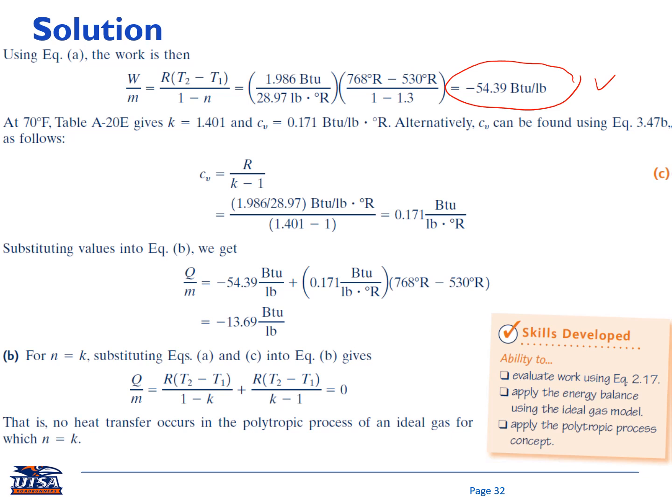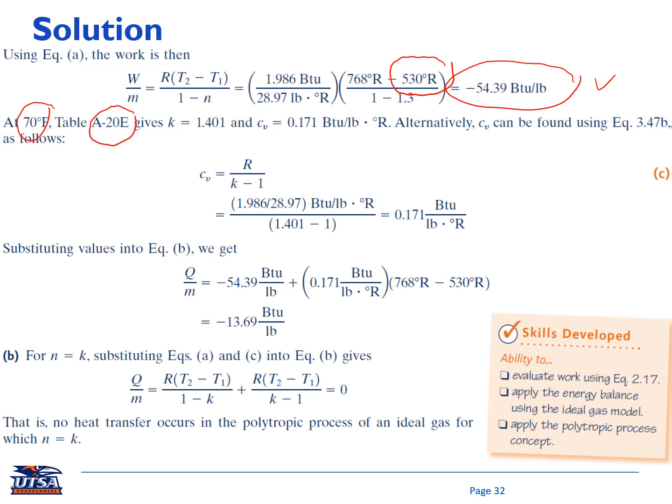And k is evaluated at T1. So in here T1 is 70 degree Fahrenheit, coming from the conversion of this 530 degree Rankine. So we have T1 at 70 degree Fahrenheit, and then go to table A-20E to get what k is there.